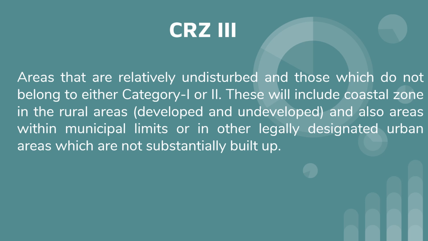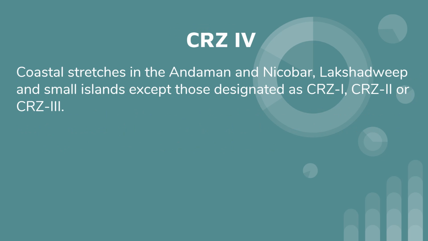In the previous category, we said that those are substantially built up areas, but CRZ 3 areas are not substantially built up areas. And the next, CRZ 4, is related to coastal stretches in the Andaman and Nicobar, Lakshadweep and small islands except those which are designated under CRZ 1, 2 and 3.